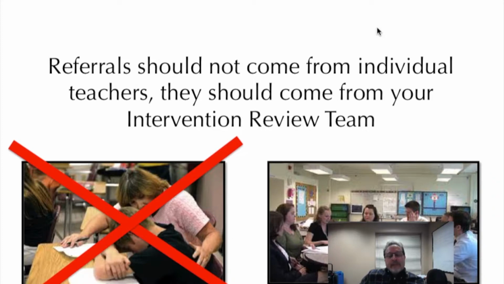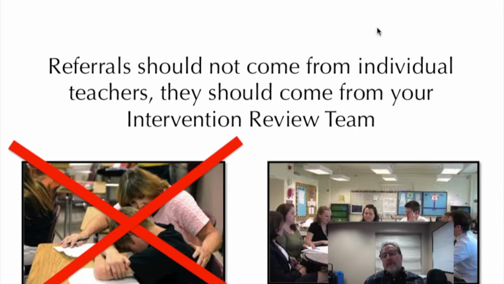Because if you have an MTSS system that is functioning well at Tier 1 and Tier 2, then students should not be getting missed in terms of academic needs. And those students that do have significant needs should already have been placed in an intervention. And then you can be systematic in looking at which students really do need something more. So it's best that those referrals come from a team as opposed to individuals.